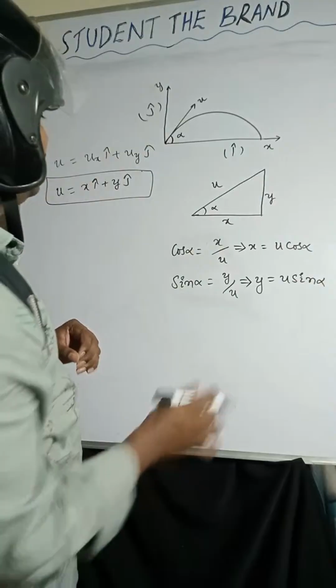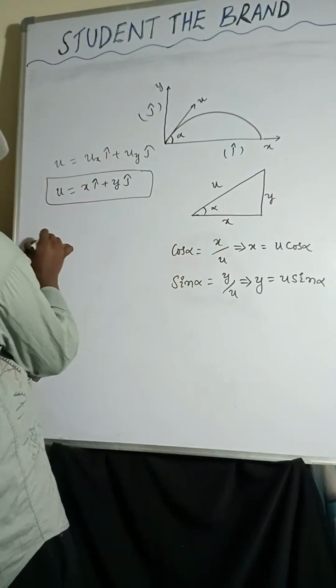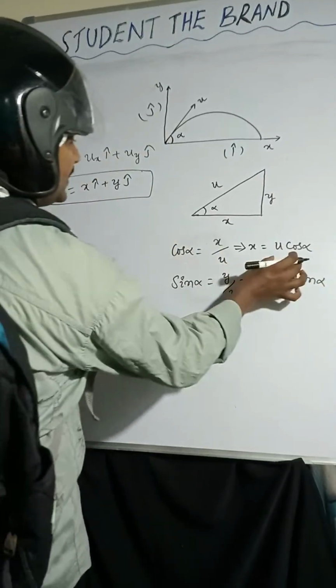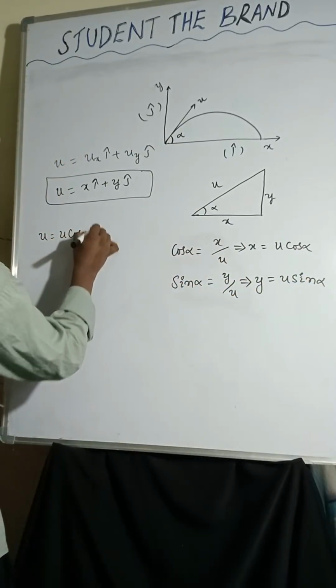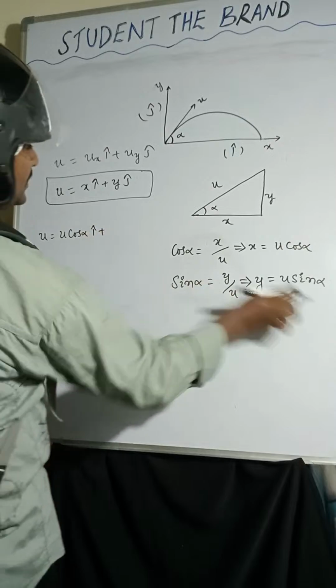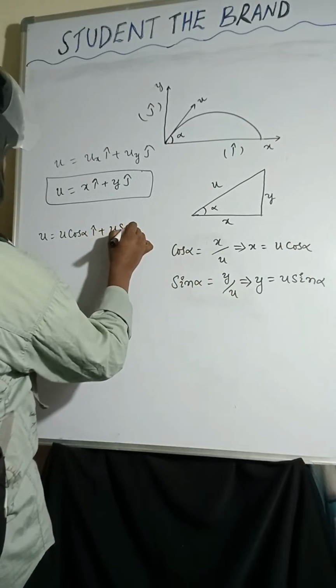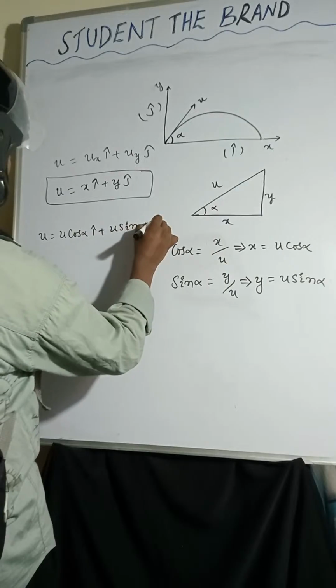Now overall we can write u equal to u cos alpha i cap plus u sin alpha j cap.